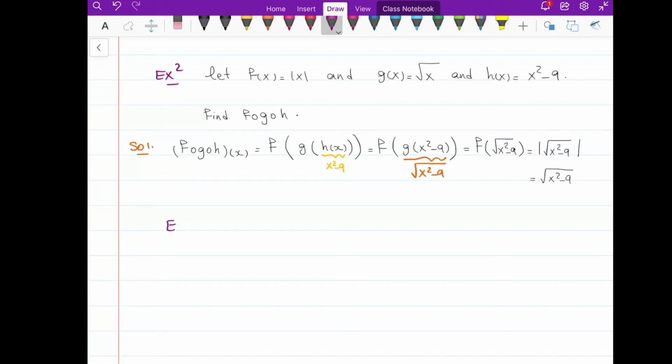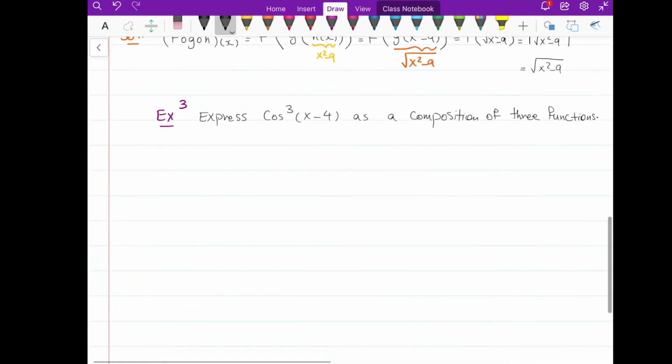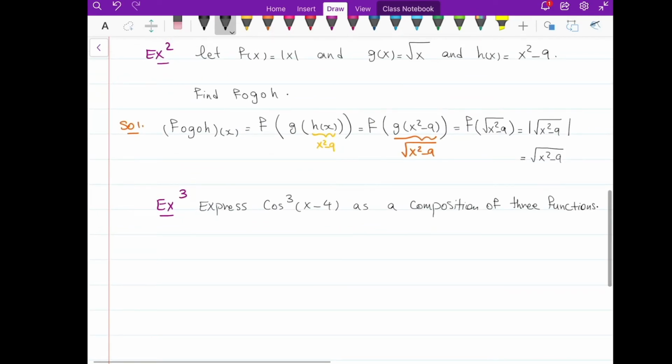Okay, let's go to another example. Express cosine cubed of x minus 4 as a composition of three functions. Okay, let me think about this.